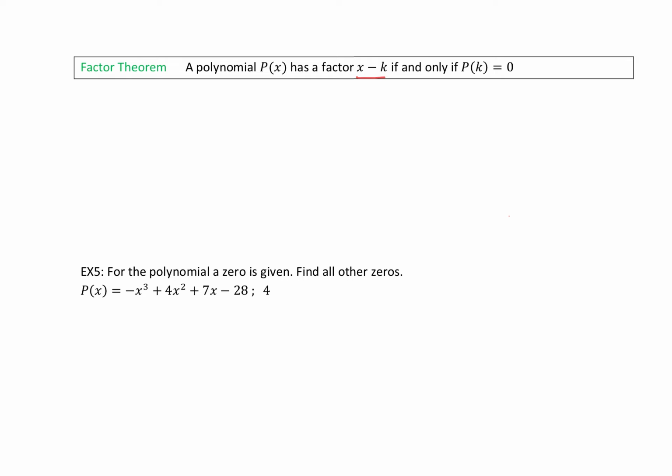If it does have a factor of x minus k, then that can only happen if p of k is equal to 0. Remember, this is a 0 of the polynomial. Whenever you put some value into your function and you get back 0, that k value is the 0, which is our x-intercepts.